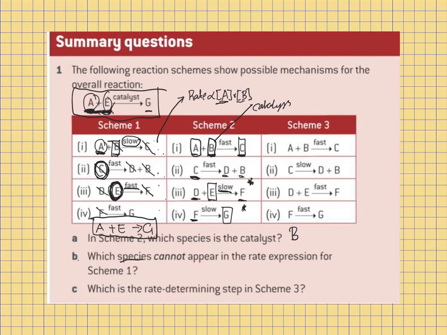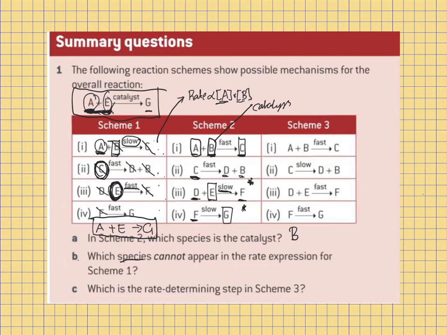It must be reactant E. Both D and F are intermediates, and the intermediates never appear in the rate expression. Please check the typo in the coursebook which says F. It should be E.